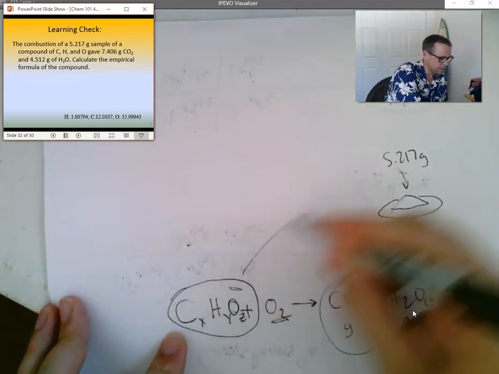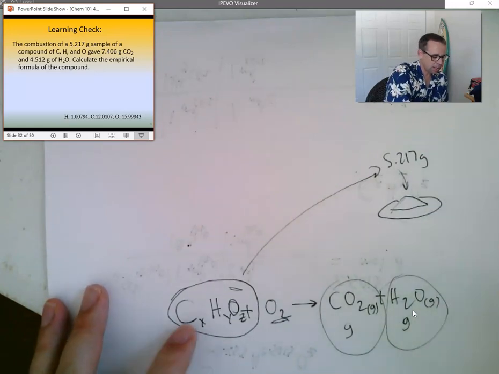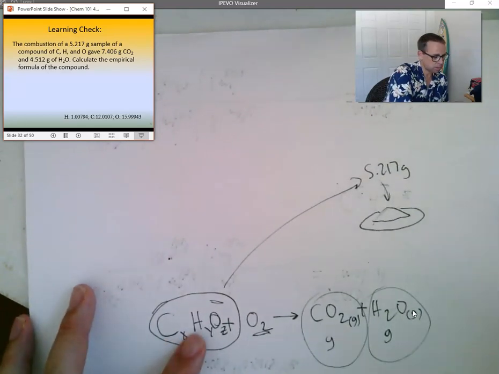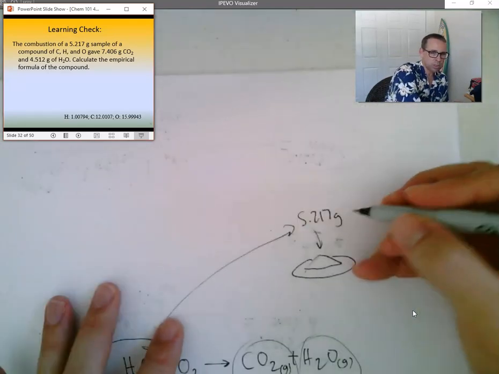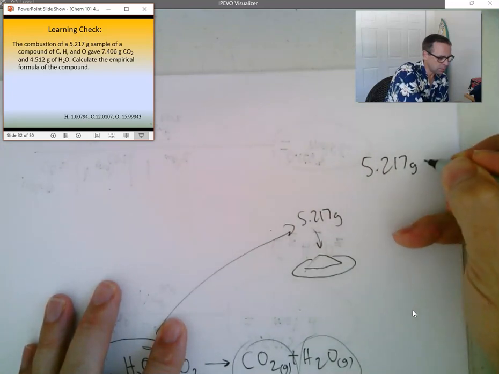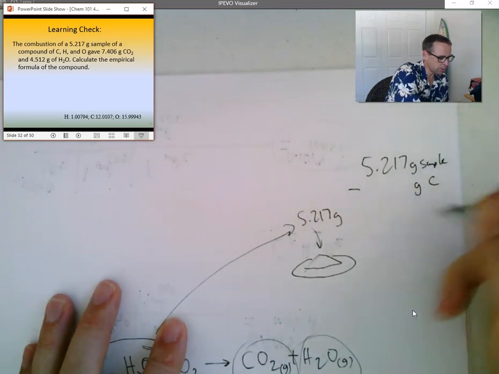the total mass of this material, which is the 5.217 grams of sample. From that 5.217 grams of sample, I can subtract the grams of carbon and the grams of hydrogen.